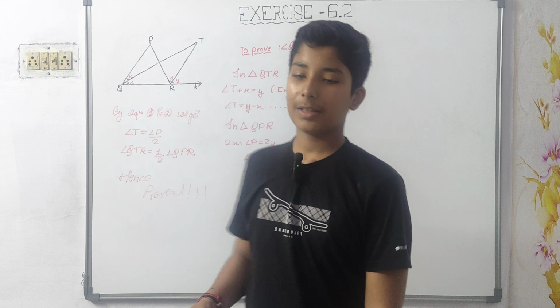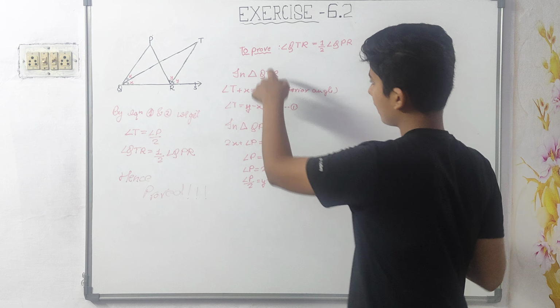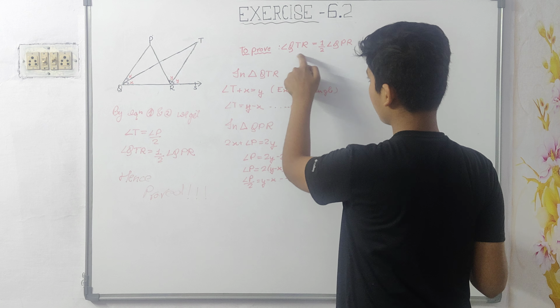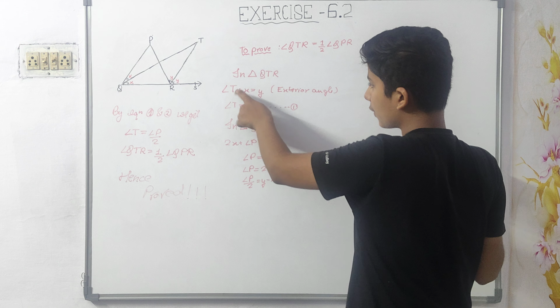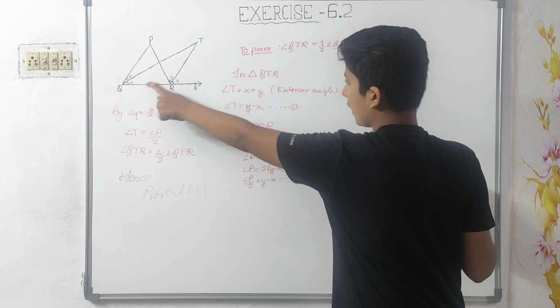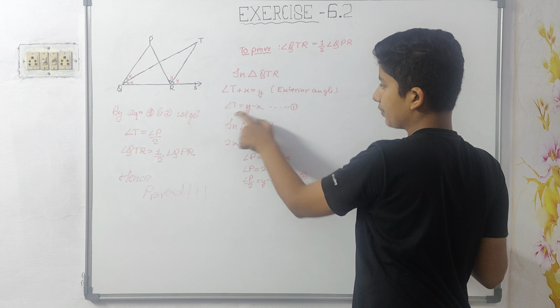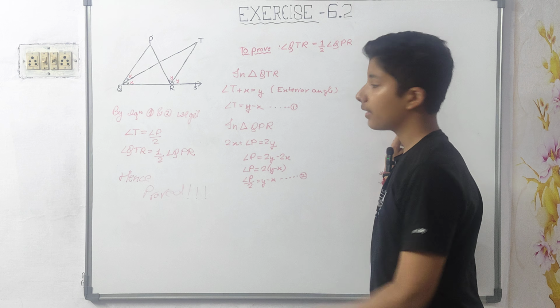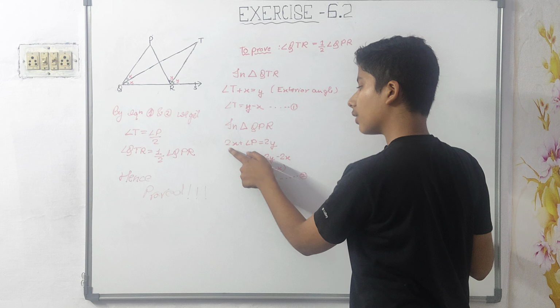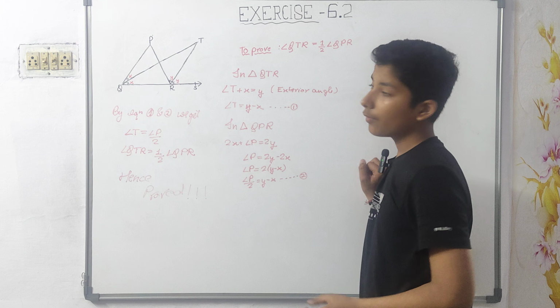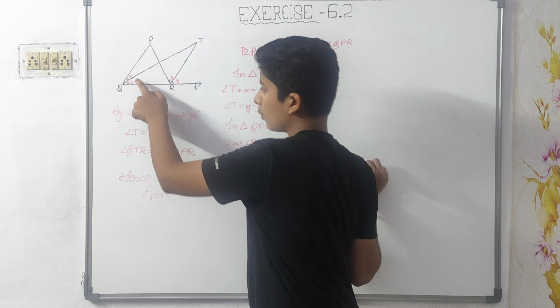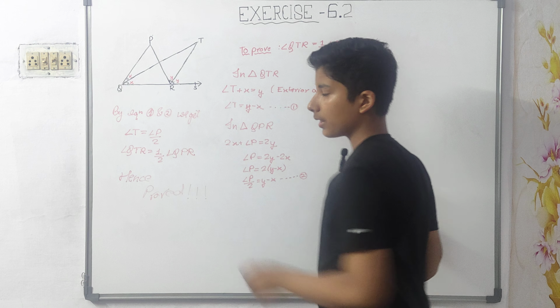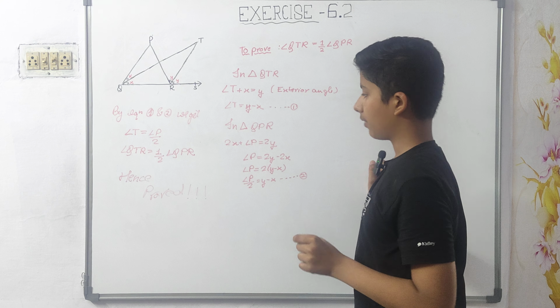So friends, this one question is complete. Firstly, we had to prove that QTR equals half of QPR. So T plus x equals y by the exterior angle property, so T equals y minus x. Let it be equation 1. Then 2x plus P equals 2y. Why 2x? Because these two angles are equal, so we made them x and y.